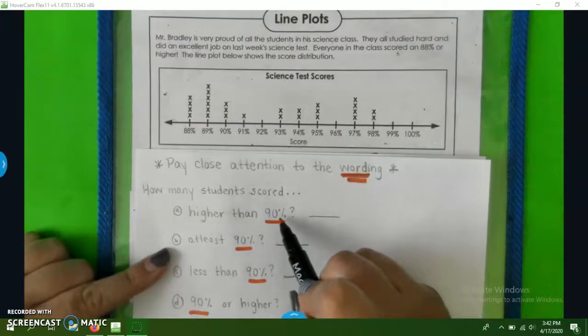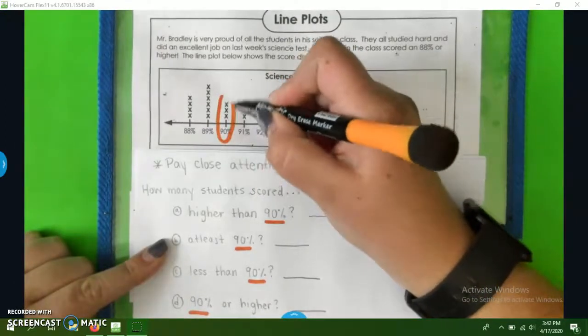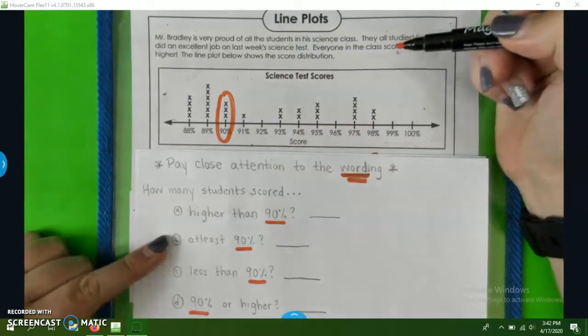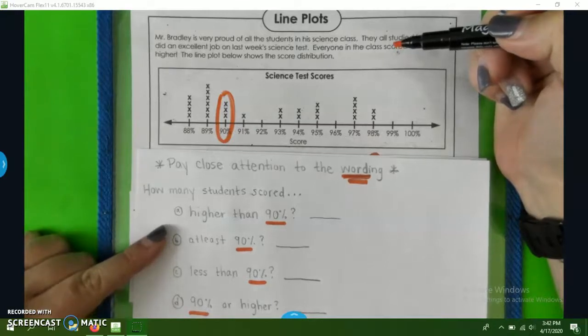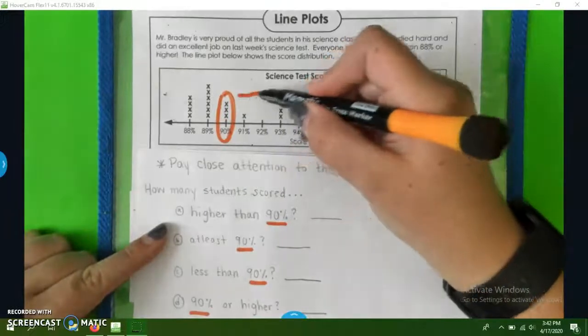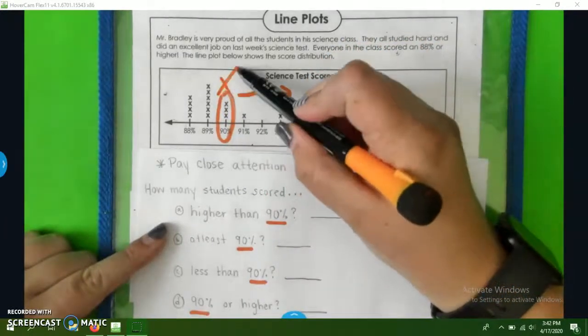Higher than 90%. Well, do we want to count these kids? Are they higher than 90? And this is where the debate comes in with some 5th graders. In their head, they're like, oh, 90, and then they count all this way. But higher than 90 is not equal to 90.